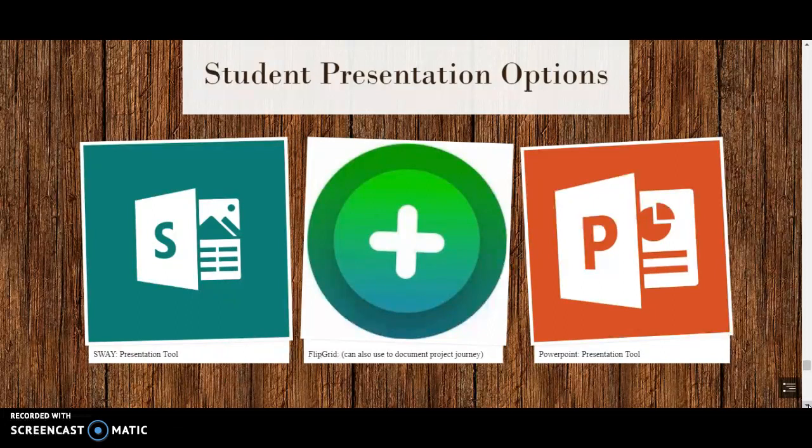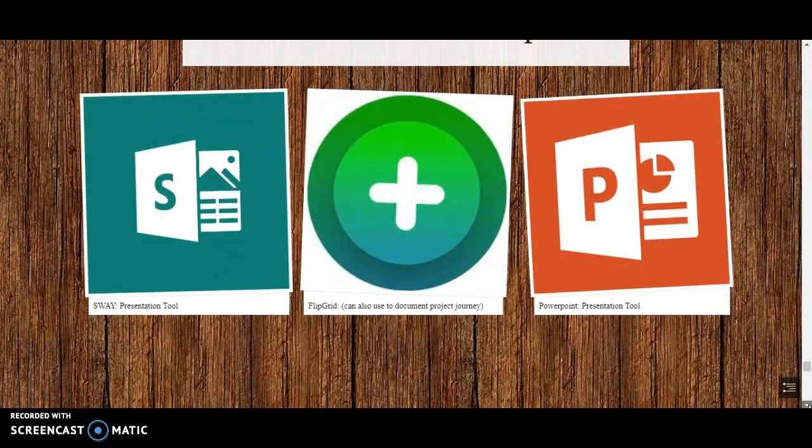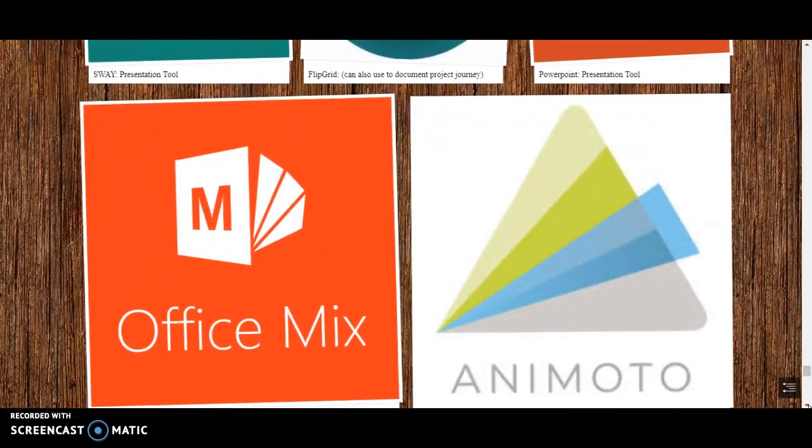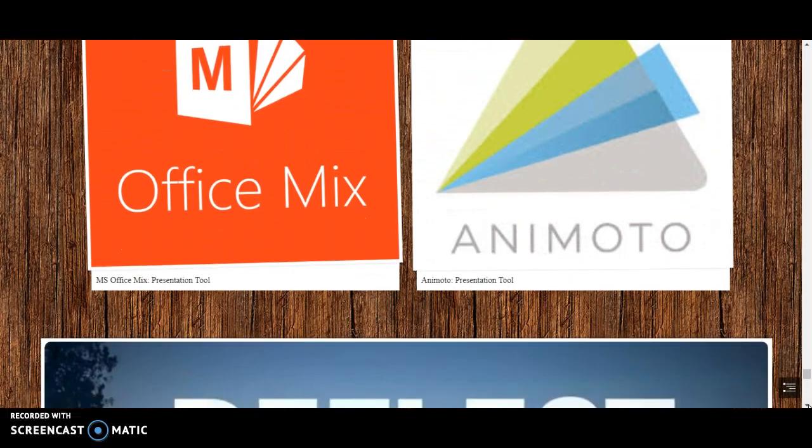It included Flipgrid, which students could also use to document their journey while conducting the project. They could use PowerPoint, another presentation tool, Microsoft Office Mix, and Animoto. These were some great presentation tools that they could use if they chose to do so.